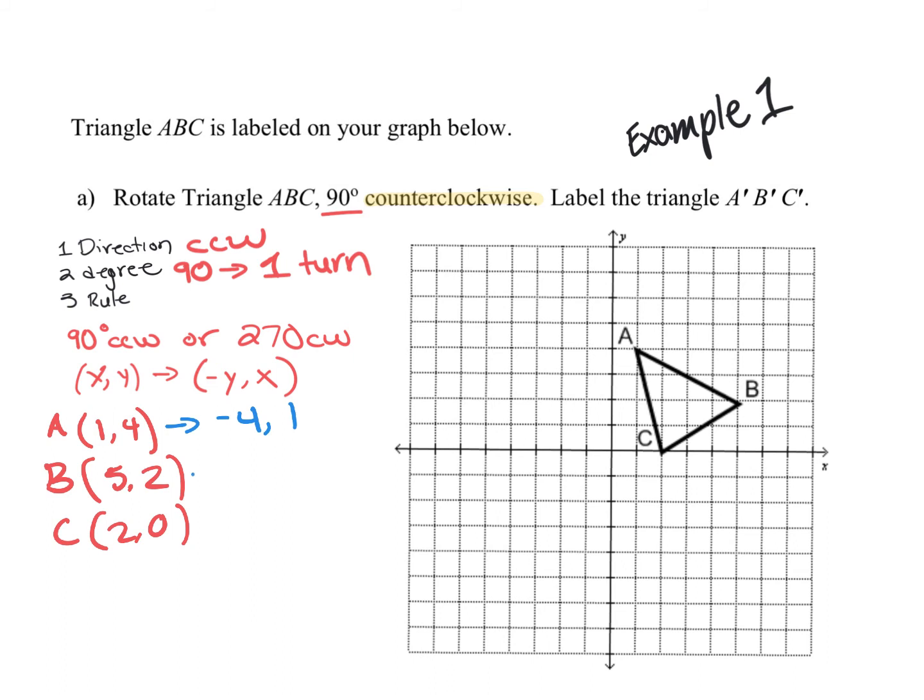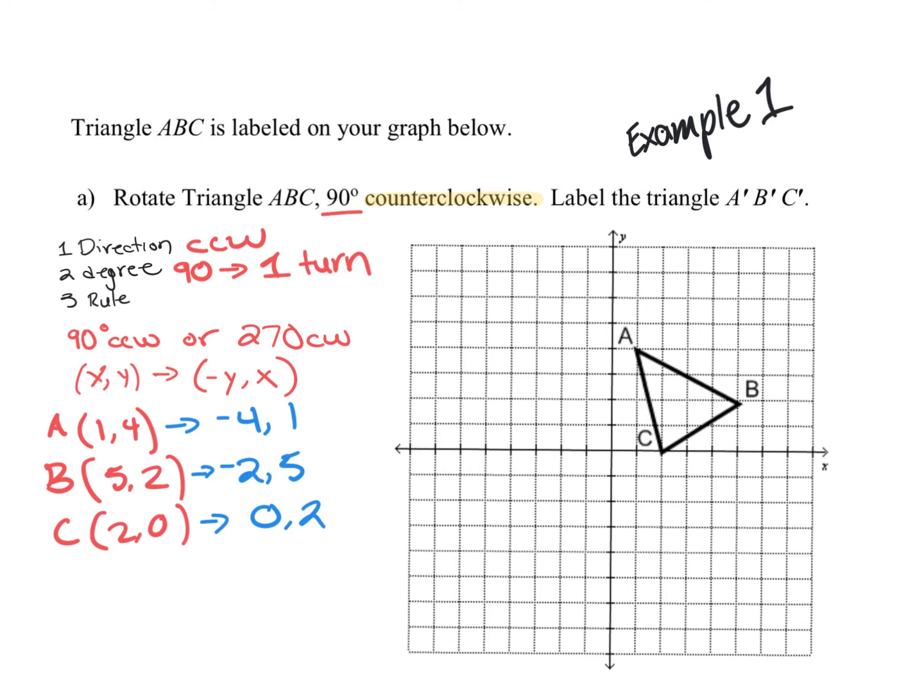The next one says the same thing. If I take the ordered pair that I have and then I flip the order, so I started with (5, 2), now I got (2, 5), and change the sign of the y value, which is now in the front. The last one, I flip my order, so that becomes (0, 2), and then I change the sign, which 0 you cannot change the sign of.